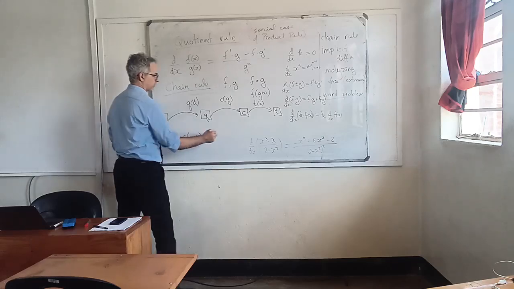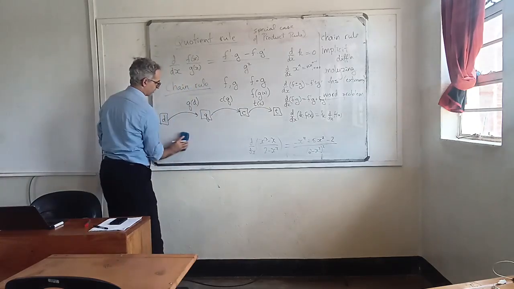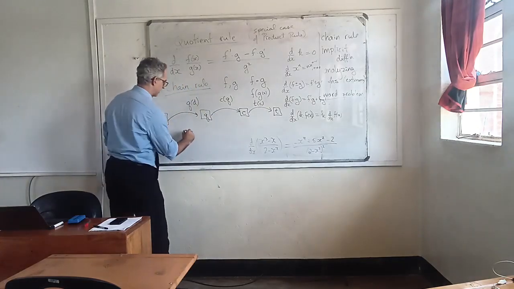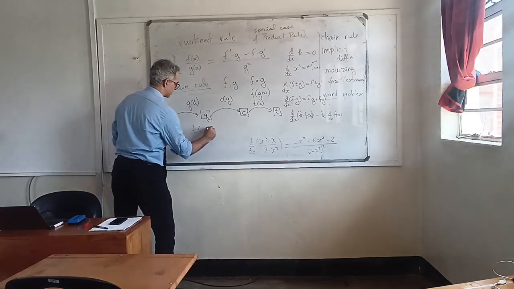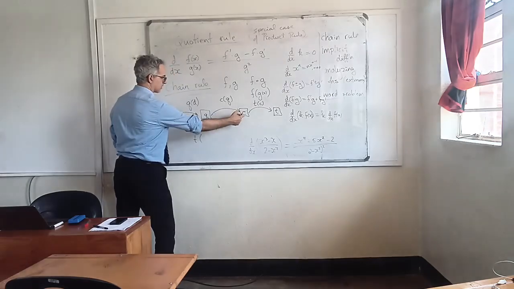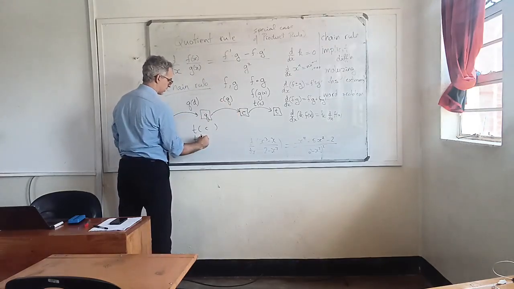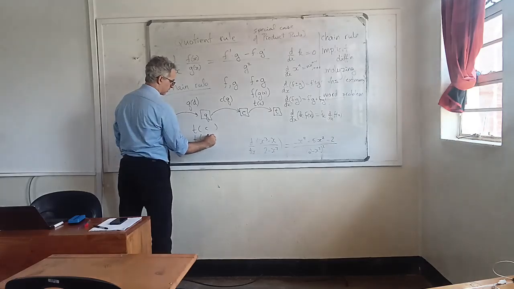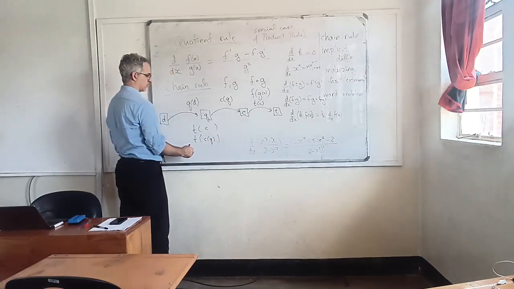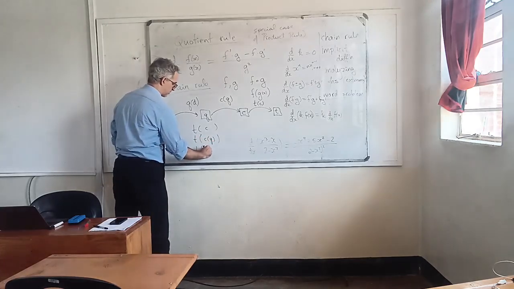So I have tax of C. Actually, I'm going to start writing it the other way. I have tax as a function of C. C is a function of Q. So I have C comes from Q. But then Q comes from D.